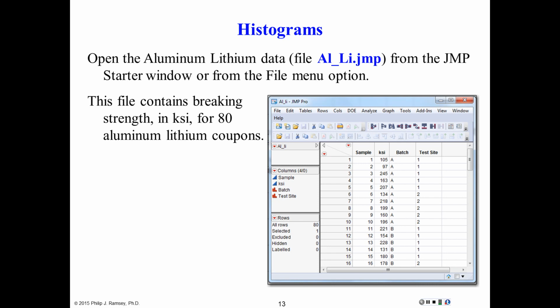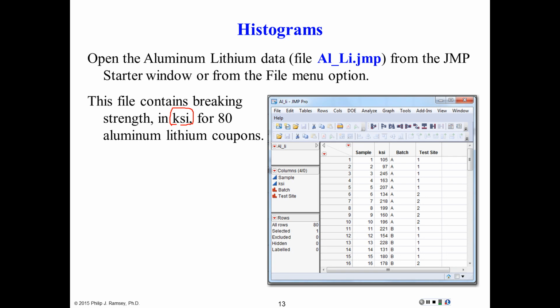So they have 80 samples, they take them in the lab and they break them. And the breaking stress, you don't have to worry about this, is measured in engineering units of kilo-inch pounds per square inch. That stands for basically the same idea as pounds per square inch, except that it's in units of 1,000.